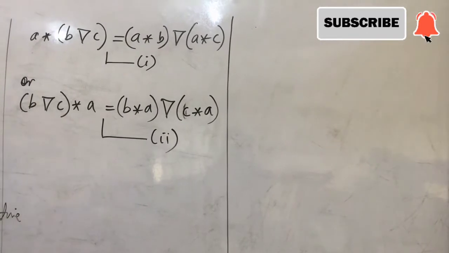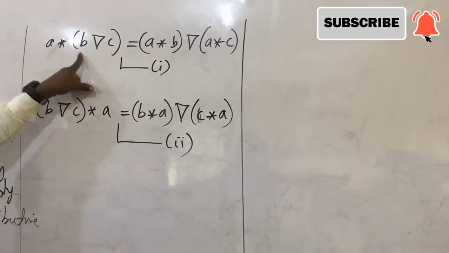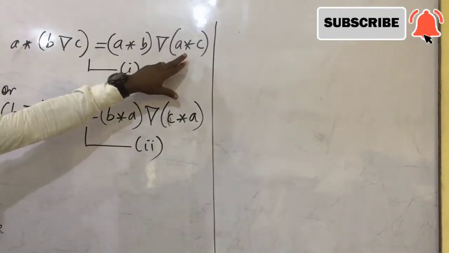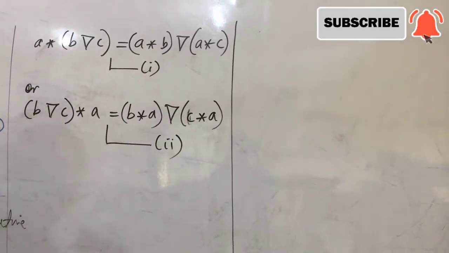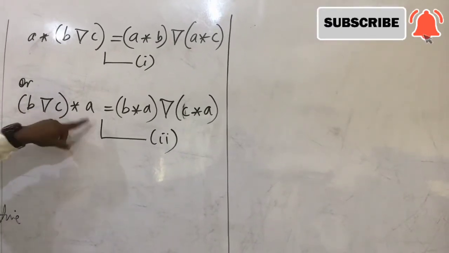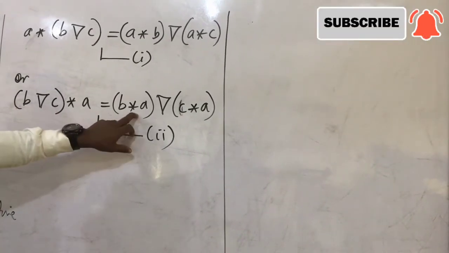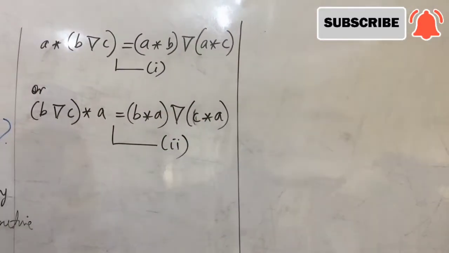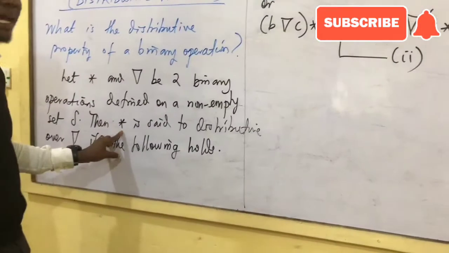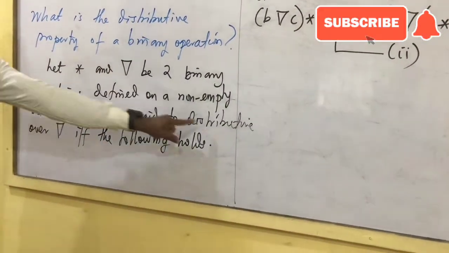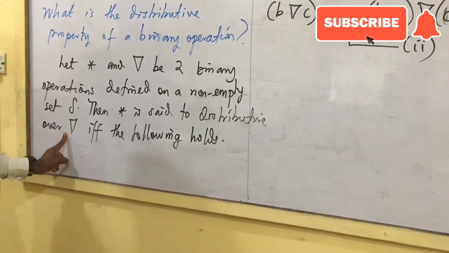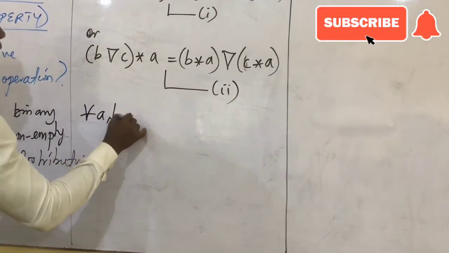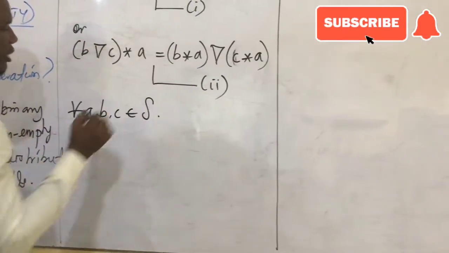If it happens that A asterisk (B nabla C) equals (A asterisk B) nabla (A asterisk C), or it so happens that (B nabla C) asterisk A gives the result (B asterisk A) nabla (C asterisk A), then and only then can we say that asterisk is distributive over nabla. In this case, this would happen for A, B, and C elements selected from the non-empty set.